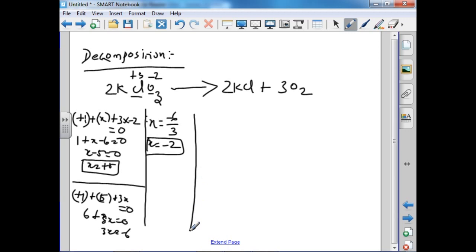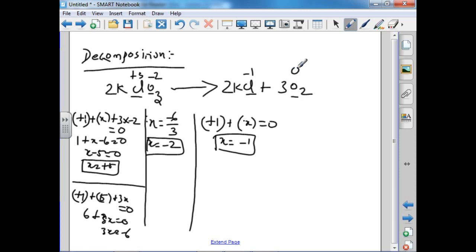So the next one is to calculate the oxidation number of chlorine in potassium chloride. So the oxidation number of potassium is plus 1 plus x equal to 0. So x equal to minus 1. Then the oxidation number of oxygen: this is the elementary state, so 0.